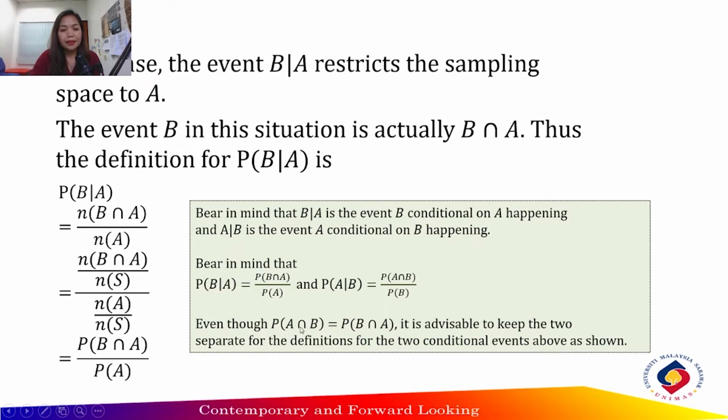Even though P(A intersect B) is actually the same as P(B intersect A), it is advisable to keep the two separate for the definitions of the two conditional events above, as shown.